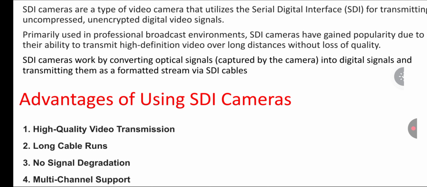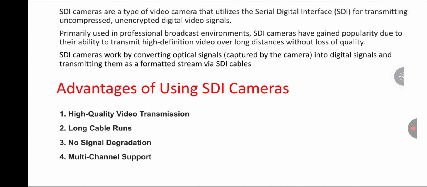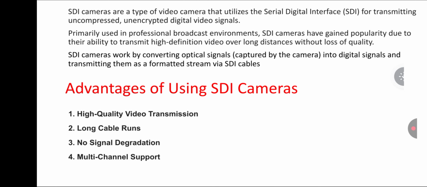SDI cameras have gained popularity due to their ability to transmit high definition video over long distance without loss of quality. SDI cameras work by converting optical signals captured by the camera into digital signals and transmitting them as a formatted stream via SDI cables.